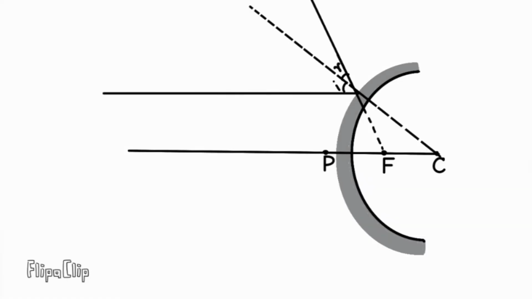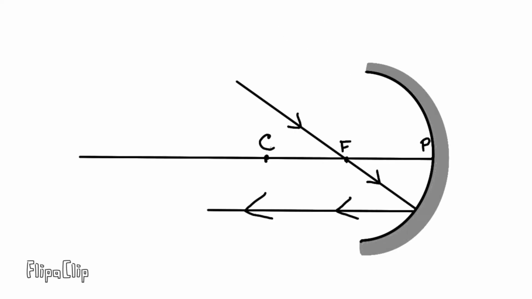As you can see in case of the convex mirror, a ray parallel to the principal axis appears to diverge from the principal focus, as illustrated in the figure. According to the next rule, a ray passing through the principal focus of a concave mirror after reflection will emerge parallel to the principal axis.